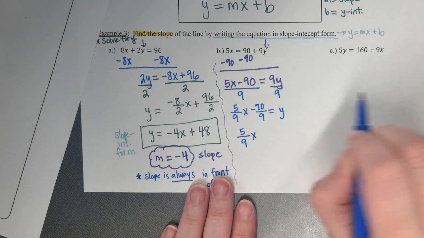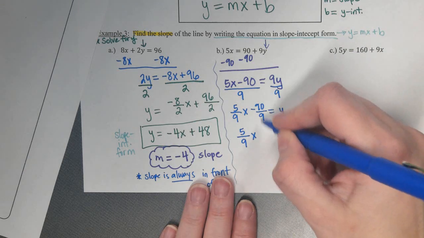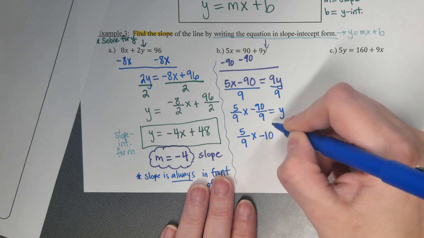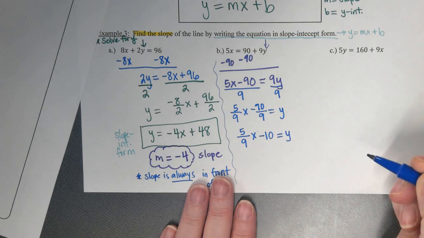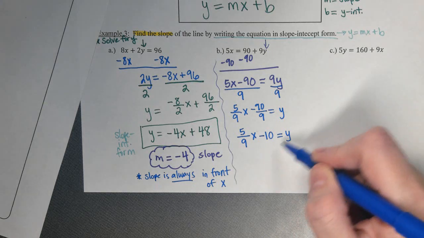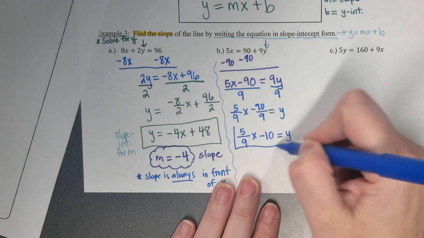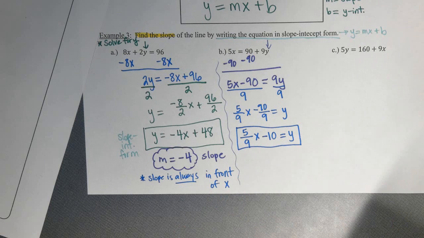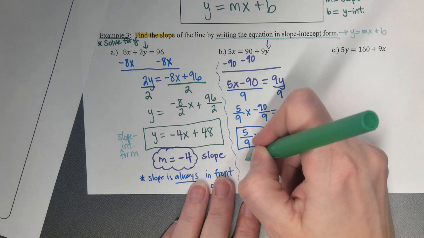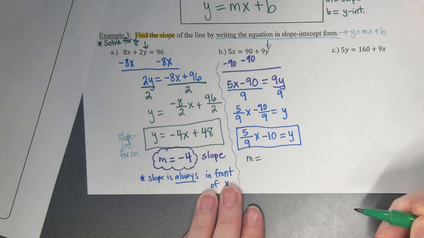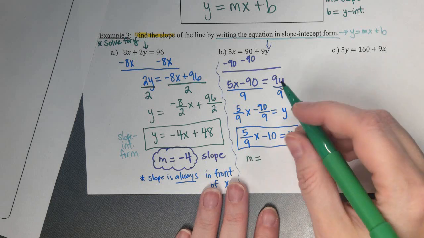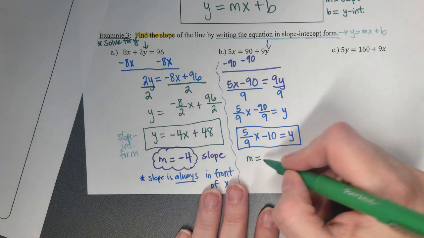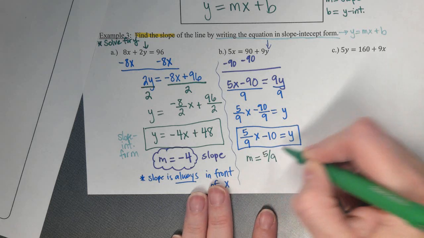You're going to keep it just like that, no decimals. And 90 divided by 9 is 10. Because the negative's in front, we're going to keep it there. It's okay if the y is on this side, that's fine. In this case, what's going to be your slope? Yep, 5 over 9.